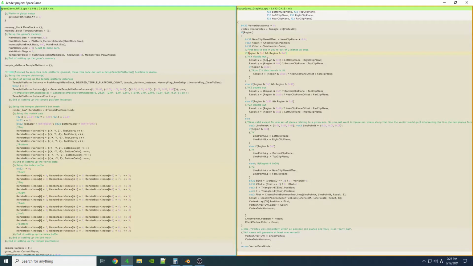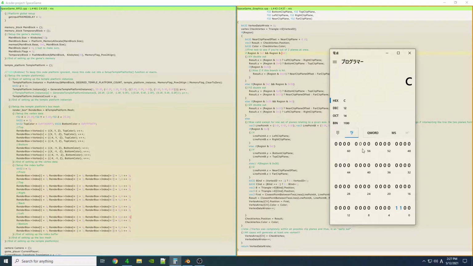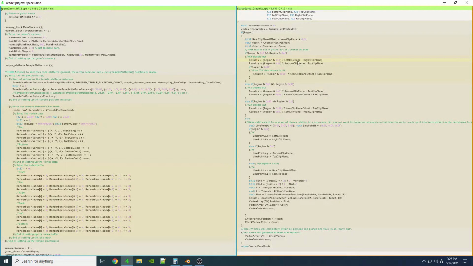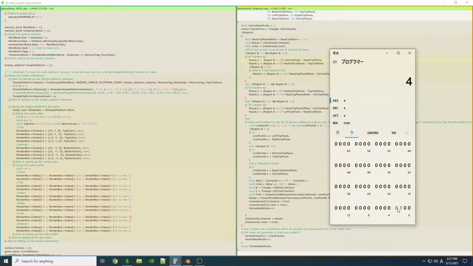So you check for any x and any y, because C in hexadecimal has the y out. Then you just check if you were x1, which is the x out, left, and if this was not true, it would just be right clip. If this was true, you were left clip, and you'd be right if this failed.